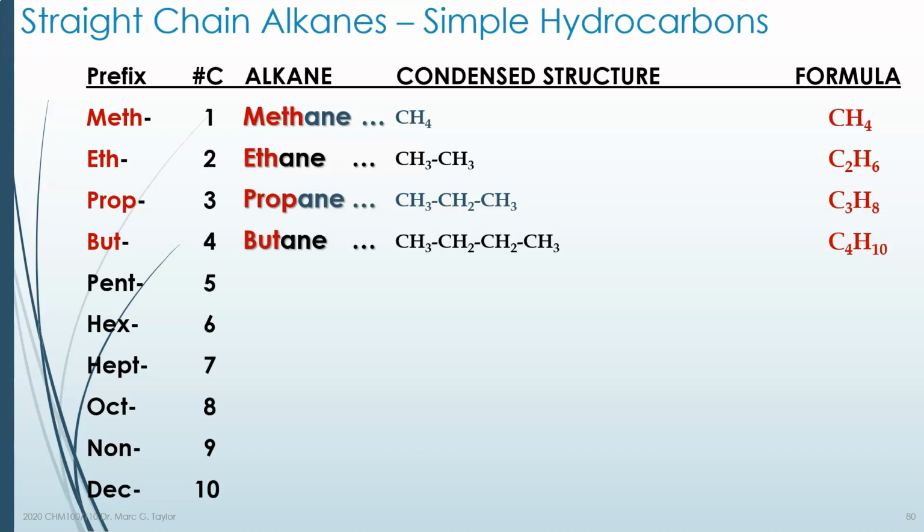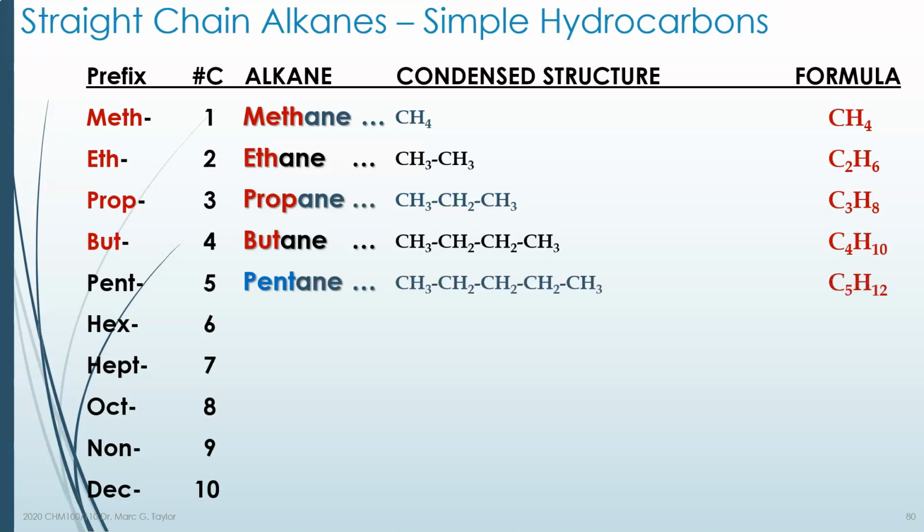You've probably heard of all of these names, but you may not have known what their definitions are and certainly not what their formulas are. The names after 4 carbons are from the prefixes you've already learned in nomenclature: penta, hexa, hepta, octa, nona, and deca. And by adding -ane to the end, -ane means an alkane. So if you see -ane at the end, there are no double bonds, no triple bonds in this molecule, so it's going to be fairly straightforward.